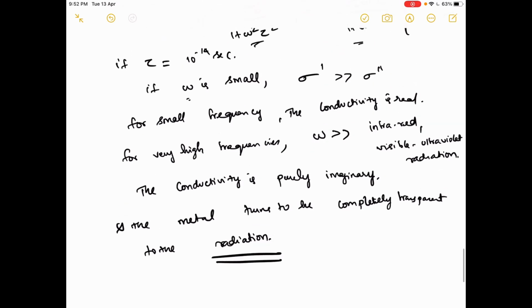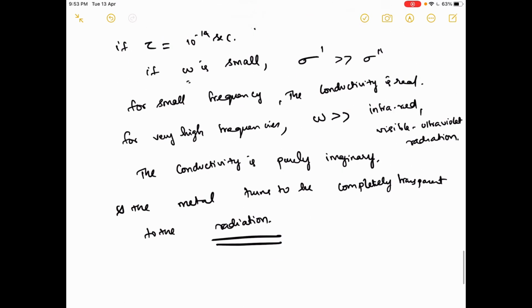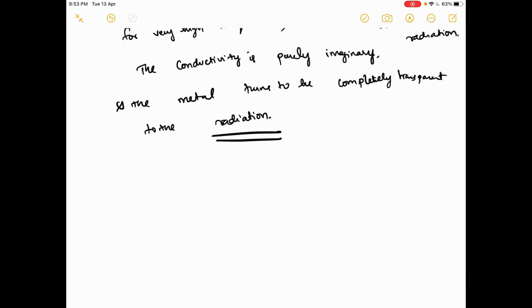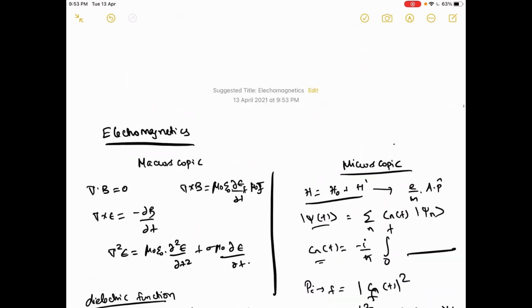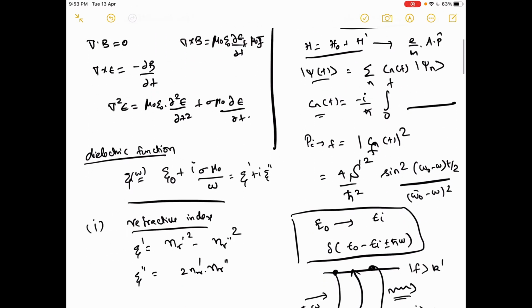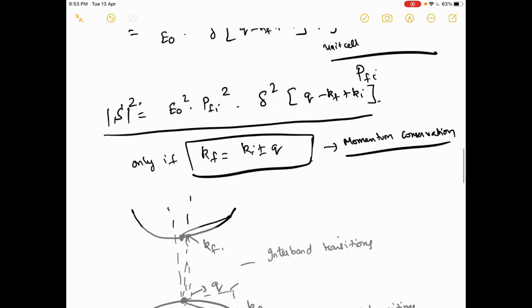Now that we have calculated the conductivity, let's go back. We know that the dielectric function was written as epsilon naught plus i sigma by omega, right? In our previous macroscopic definition, we defined our epsilon, which is a function of omega.